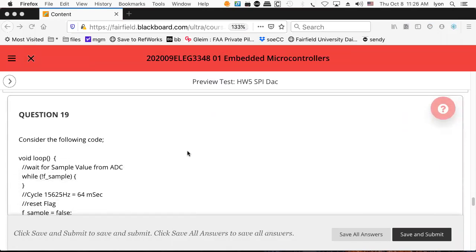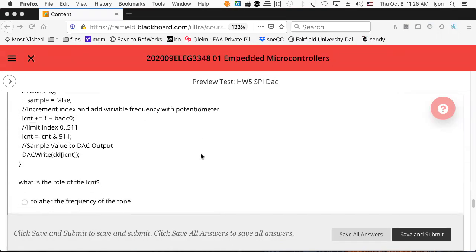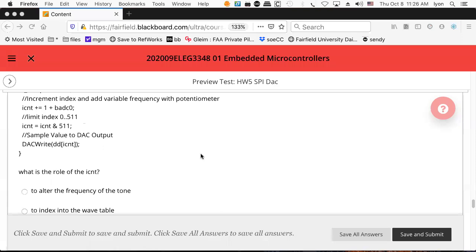Yes, thank you. Good. So then here comes question 19. That was on the list. Now this is an analog to digital converter question. What is the role of ICNT? It sounds like it's an index counter for this DD array.